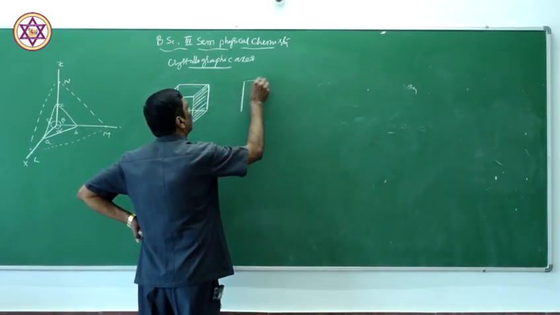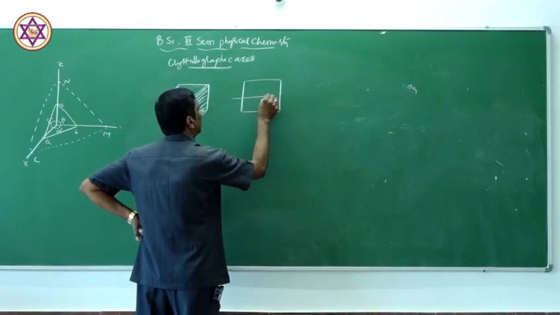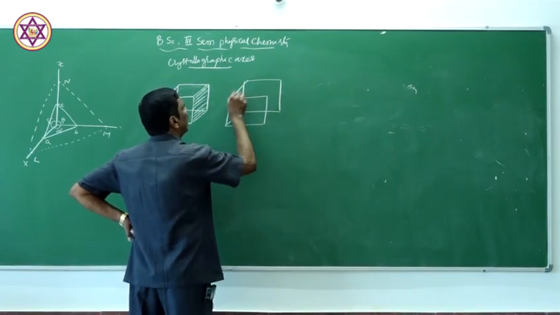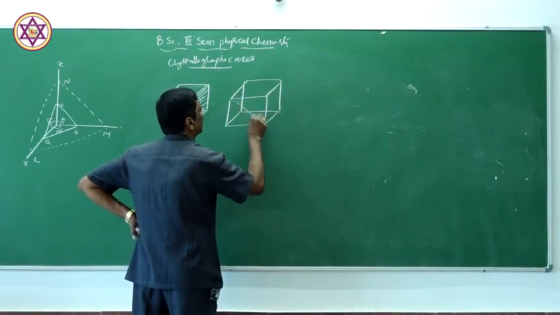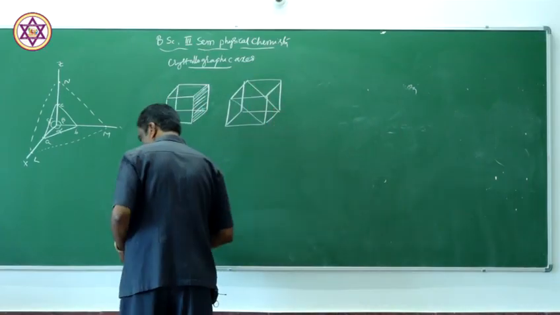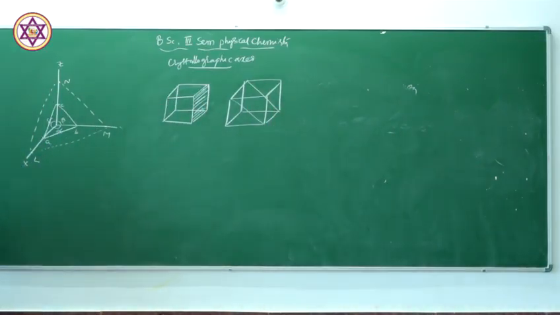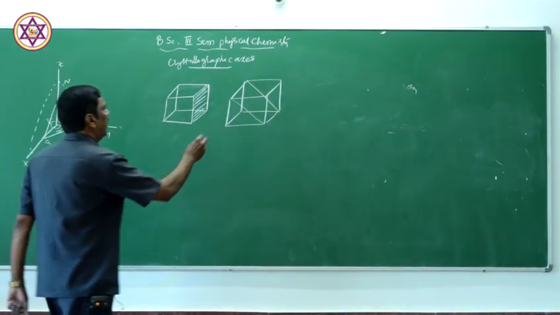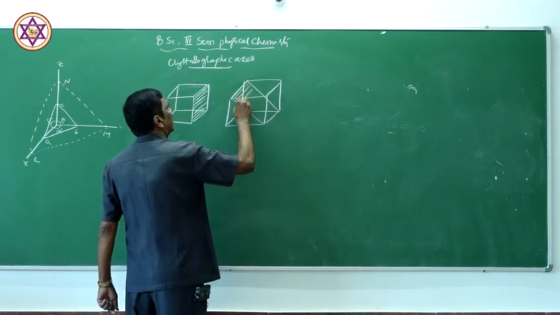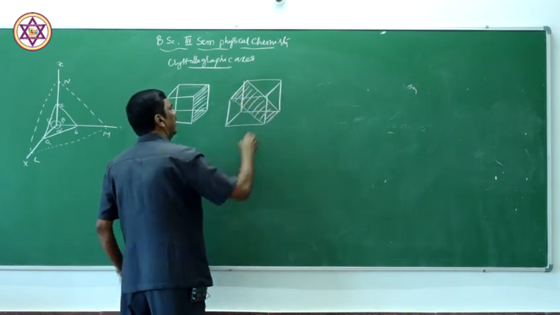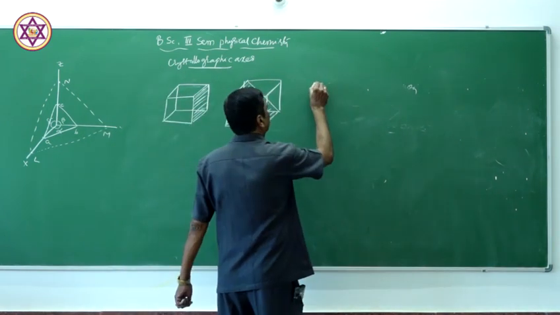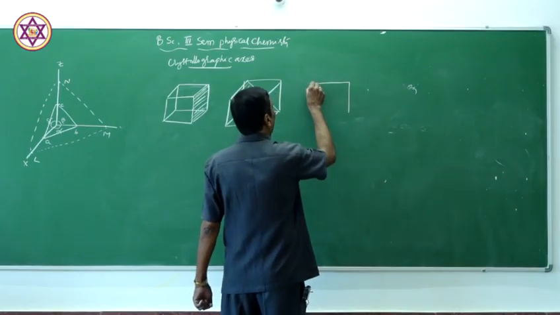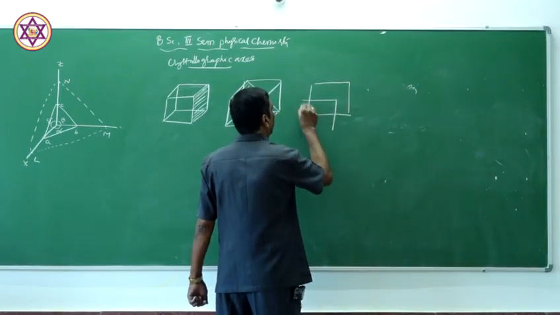Another plane of a cubic crystal is this. Now you see this, another plane of a cubic crystal is this one. So this is another plane of the cubic crystal. You see this plane, and another plane of the crystal.